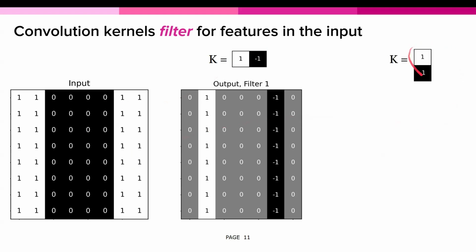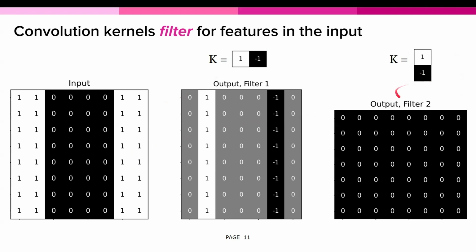If we were to transpose this kernel, though, the output would be all 0, because it never matches. There's always 0 correlation between the patch in the input image and the kernel. So convolutional kernels can be customized to detect specific patterns like edges in a particular direction within an image.